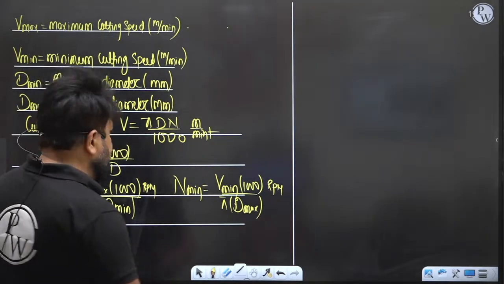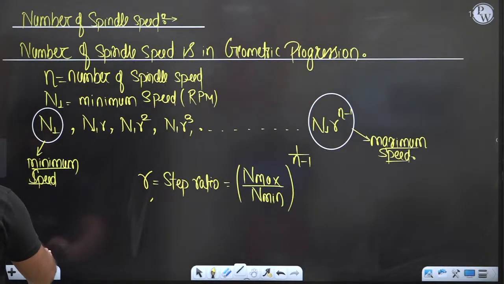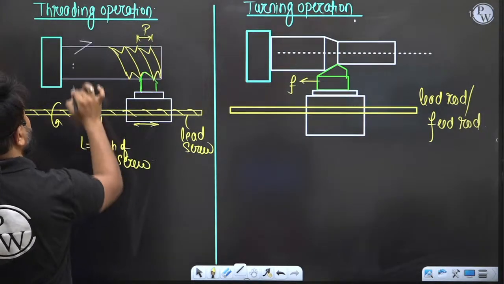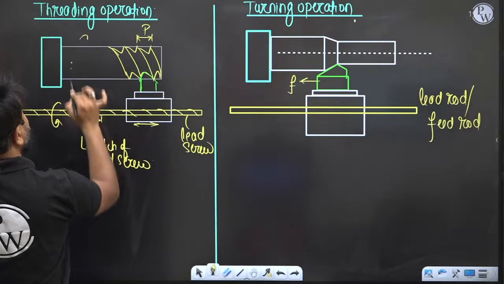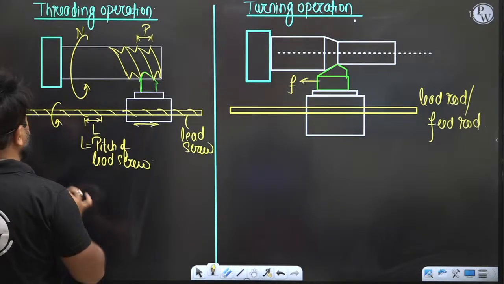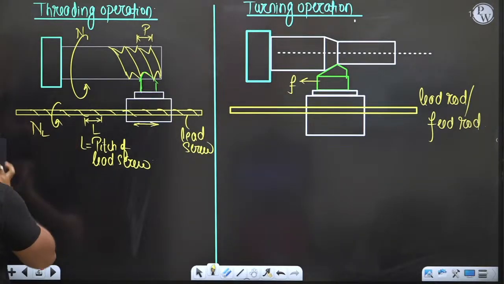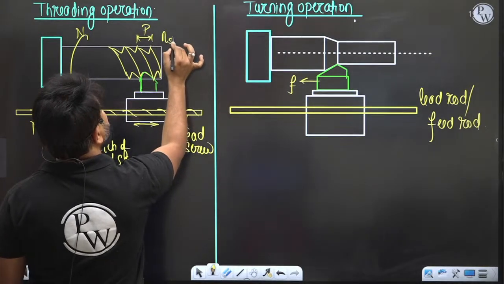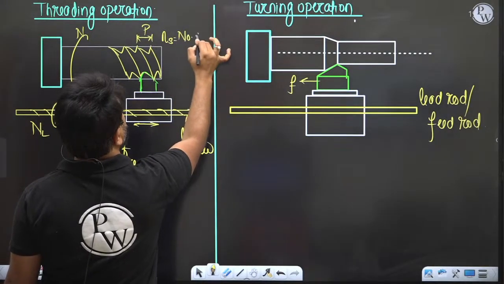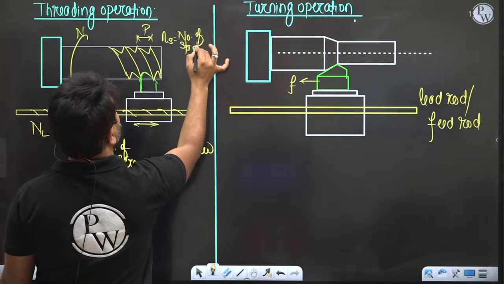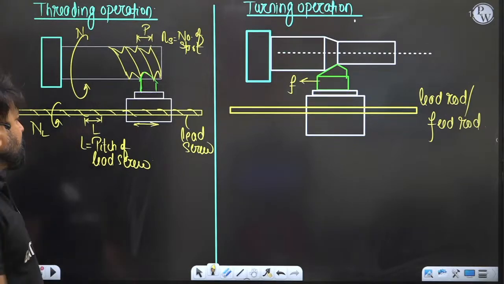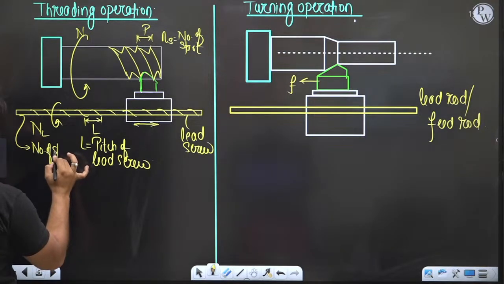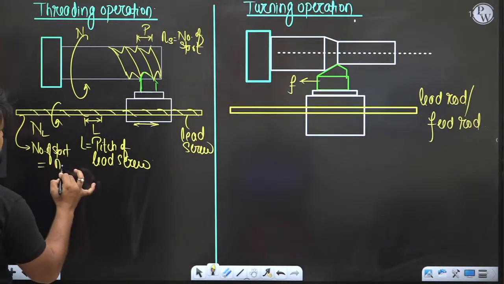Now in threading, I told you that in the threading operation, P is the pitch of the workpiece, N is the RPM of the workpiece, and NL is the RPM of the lead screw, right? Also, small ns is the number of starts which we produce on the workpiece, and the lead screw has a number of starts, let's say small nl.